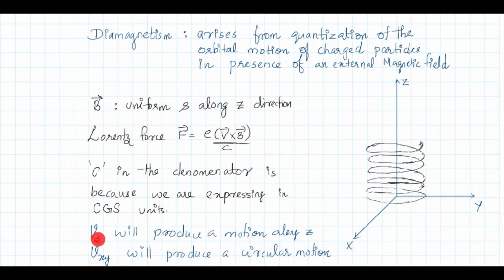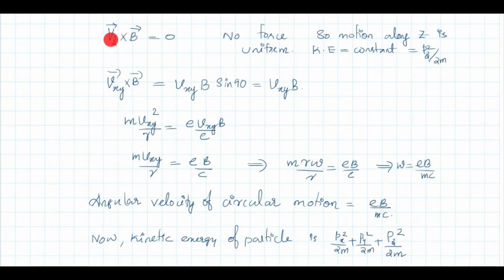So we will have two components of velocity, one is Vz. That Vz will produce a motion along the z direction and Vxy will produce a circular motion. Why? I will explain. This Vz cross B will be 0 because Vz and B are parallel. Therefore, Lorentz force will be 0.